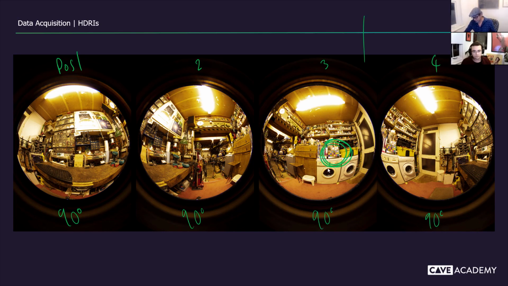The other thing I just want to point out is you can see here and here, it's quite small maybe on the screen, I have purposely left the Macbeth chart somewhere in the scene, and the balls as well. The reason I've done that is I now have 2 references of how the Macbeth responds to light in this environment and how the gray and chrome ball respond to light in this environment.